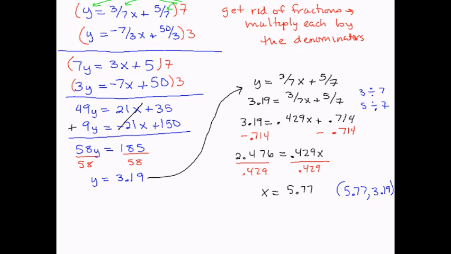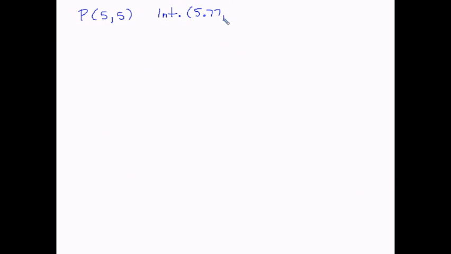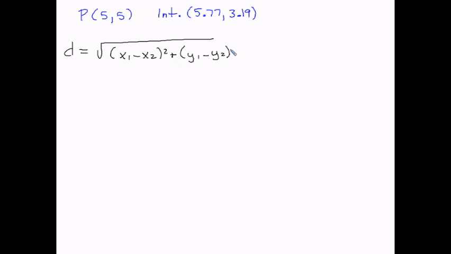Okay, once I have that, I have my original point P, which is 5, 5, and I have my intersection point, which was 5.77 and 3.19. And I want to find the distance between them. So I'll use my distance formula. And I'll have 5 minus 5.77 squared plus 5 minus 3.19 squared.